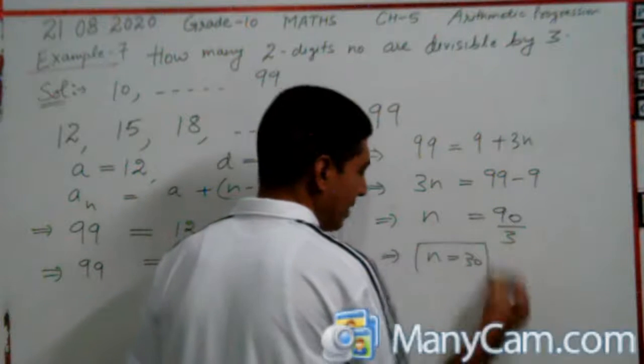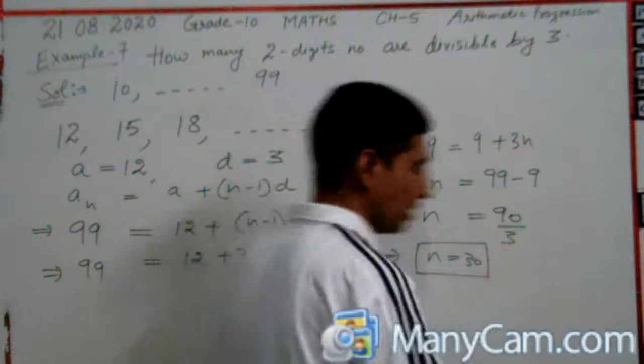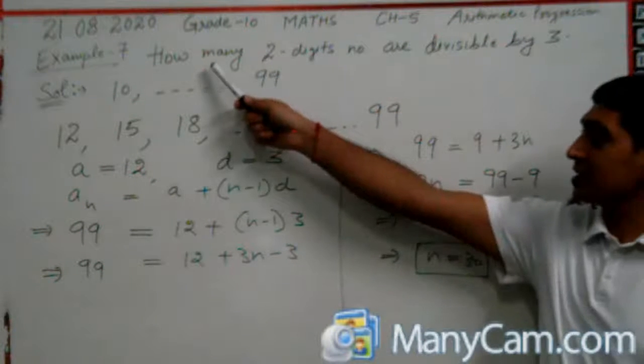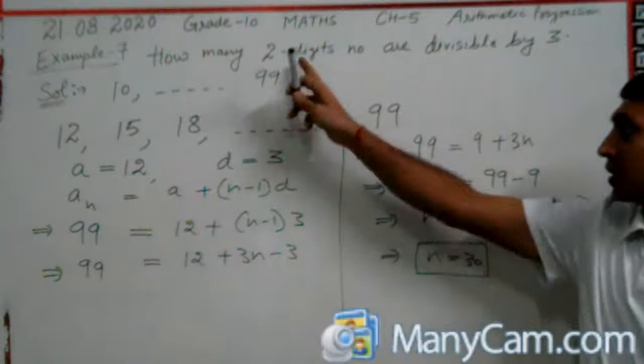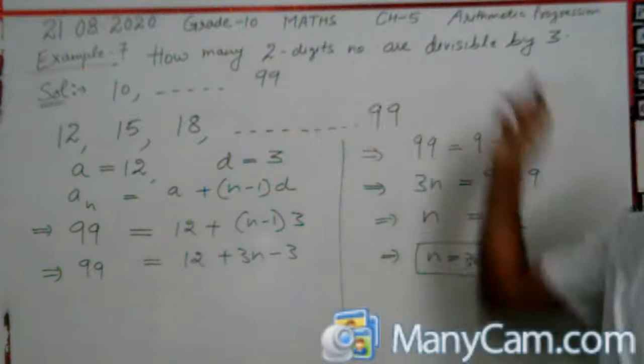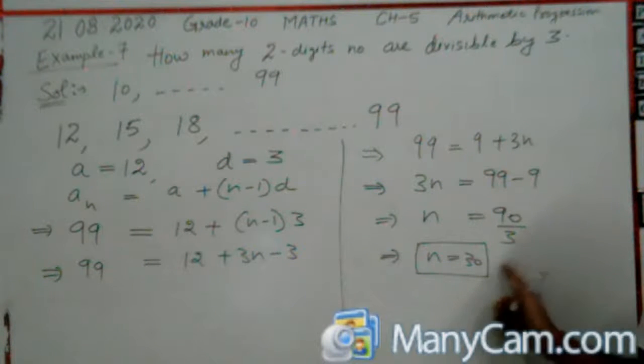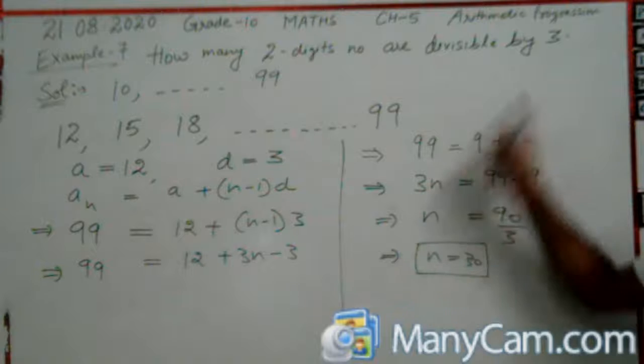So how many numbers are there? Therefore, we have 30 two-digit numbers which are divisible by 3. There are 30 numbers which are divisible by the number 3.